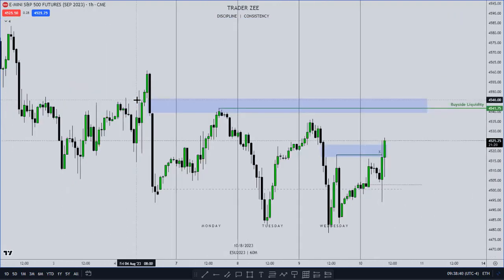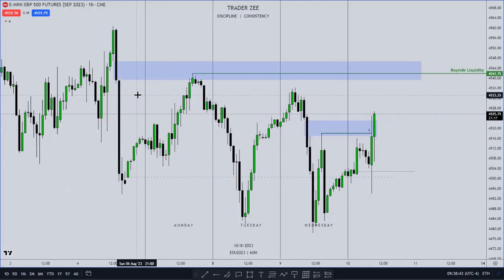Because the higher time frame trend is bullish, so I prefer longs today.